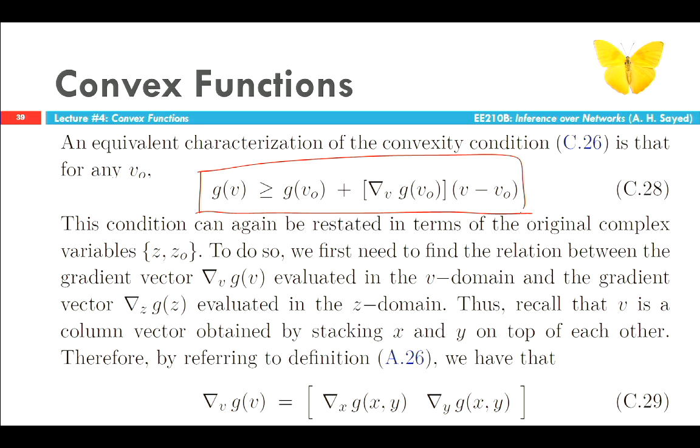So let's translate this. G of V, this one is obviously G of Z. This one is obviously G at the corresponding Z, the Z that corresponds to V0, right? What about here? I showed you before that to go from V to U, there is a transformation, right?